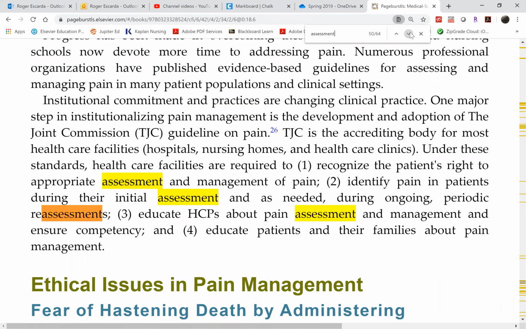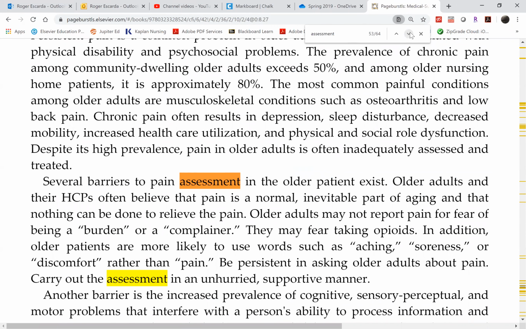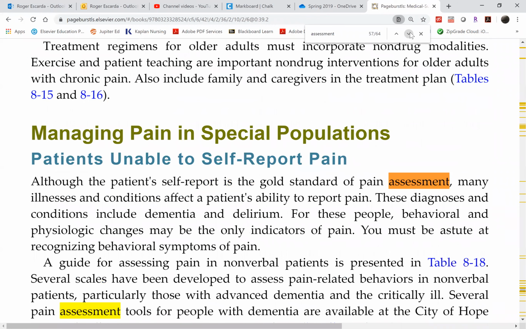It'll take me a while to find it. It's in a chart or, no, a table.